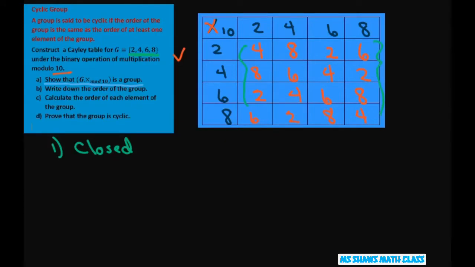So for example, 2 times 6 gives you 2. 4 times 6 gives you 4. 6 times 6 gives you 6.